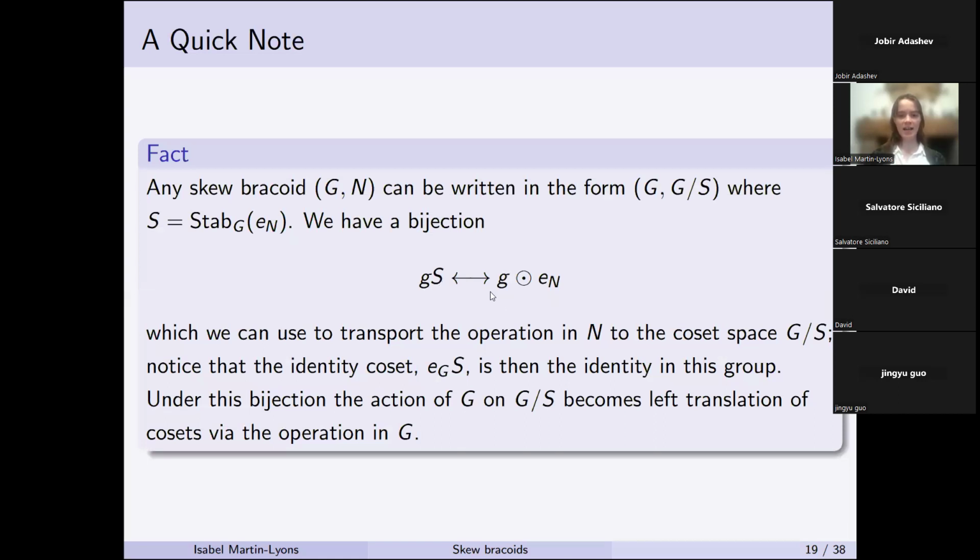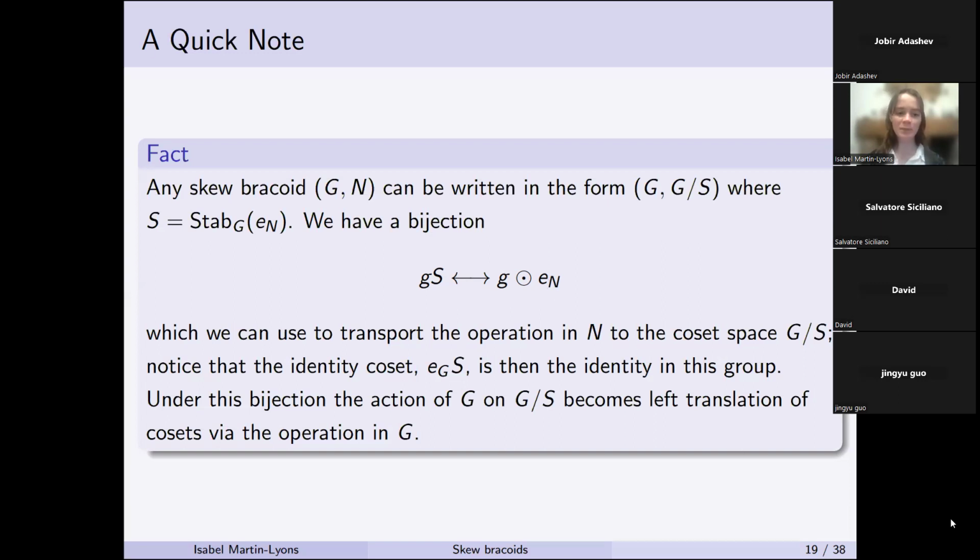So gS corresponds with g acting on the identity. And if we take a different representative of the same coset, this is going to give the same element of N, because the cosets precisely differ by elements of the stabilizer.